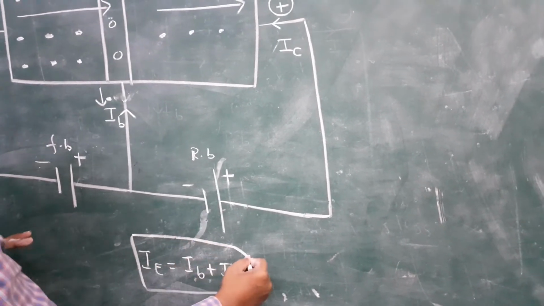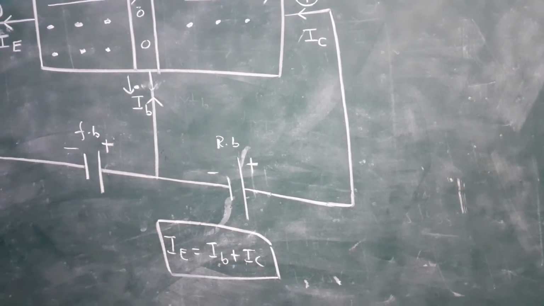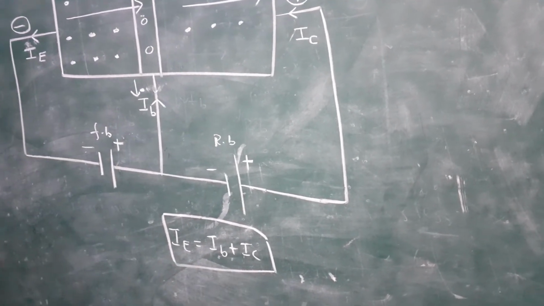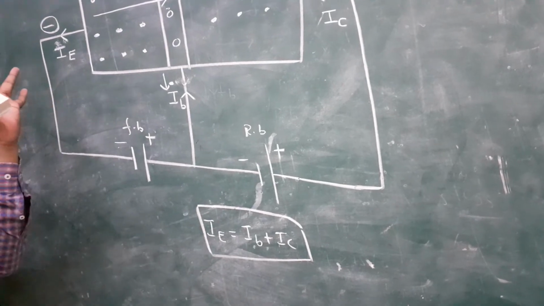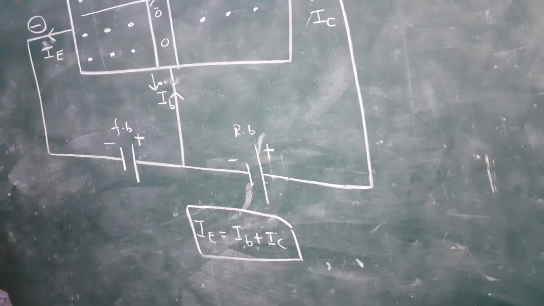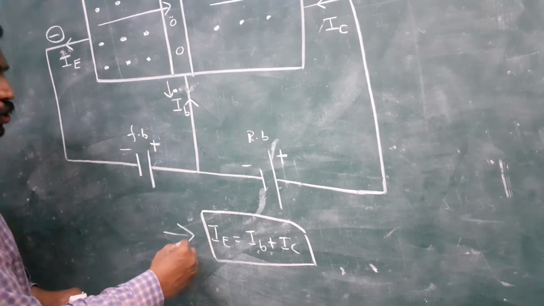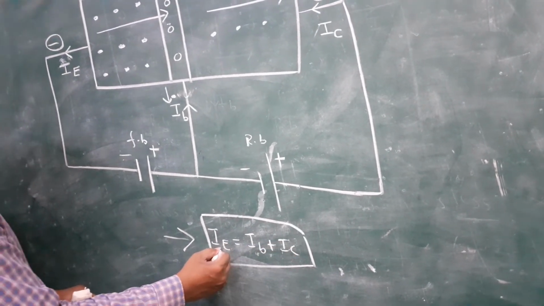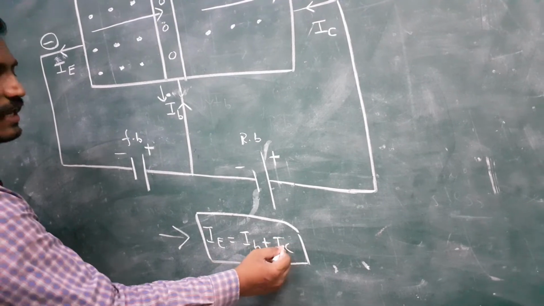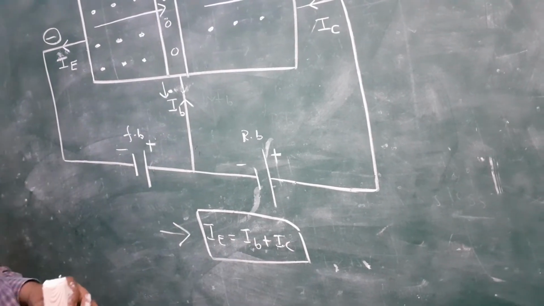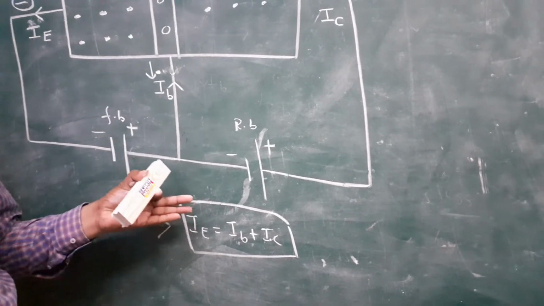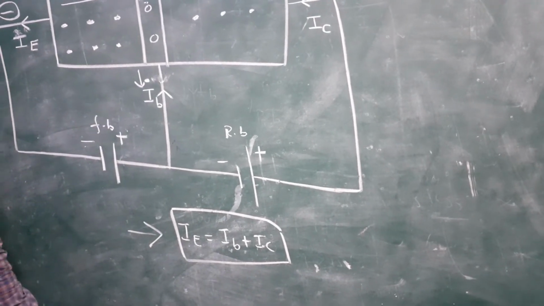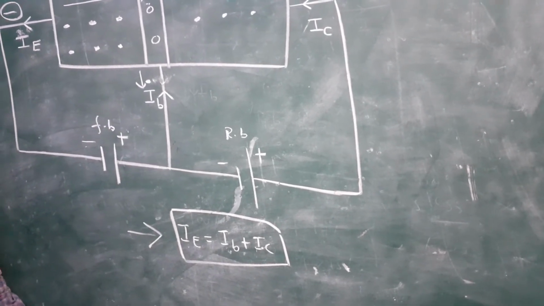Whether it is the working of a PNP transistor or an NPN transistor, the basic equation of the transistor is IE equals IB plus IC. Here, out of 100%, less than 5% goes to the base and greater than 95% reaches the collector. What is the formula for the basic transistor equation? IE equals IB plus IC.